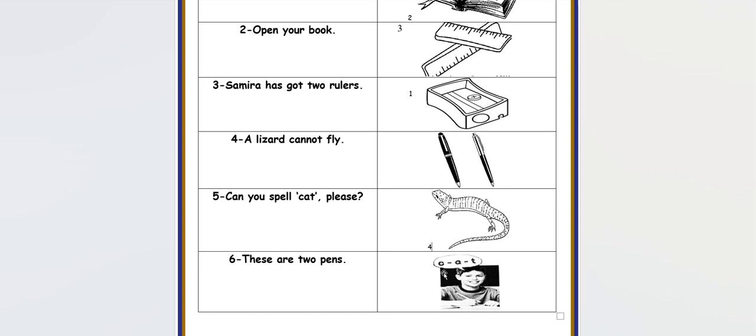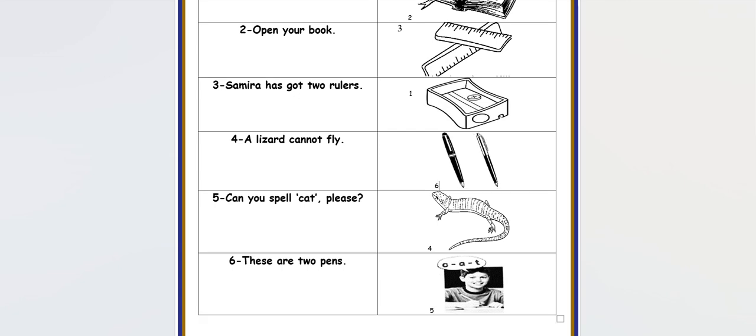Yes, now this boy is spelling C-A-T, so this is number 5. Okay, and finally, number 6, these are 2 pens. And here we have 2 pens, so we write this sentence number.